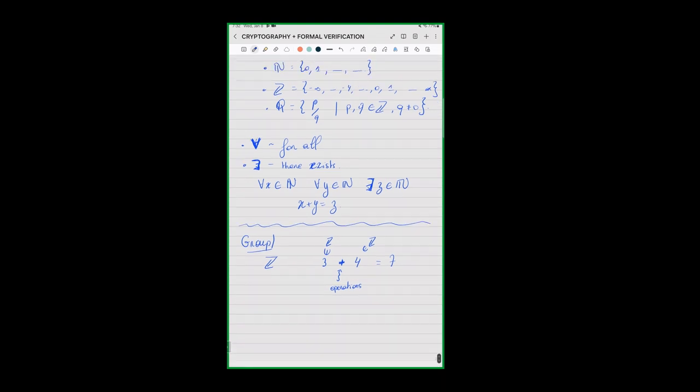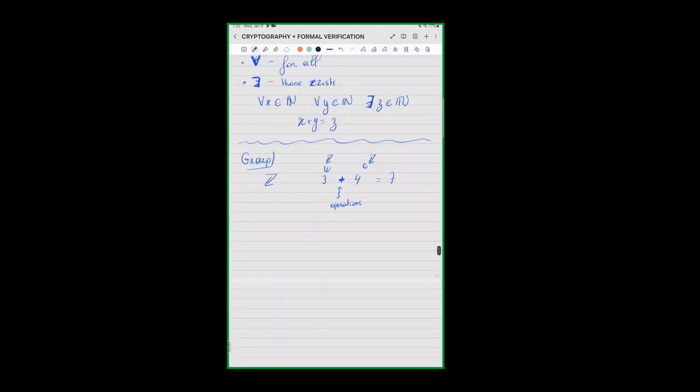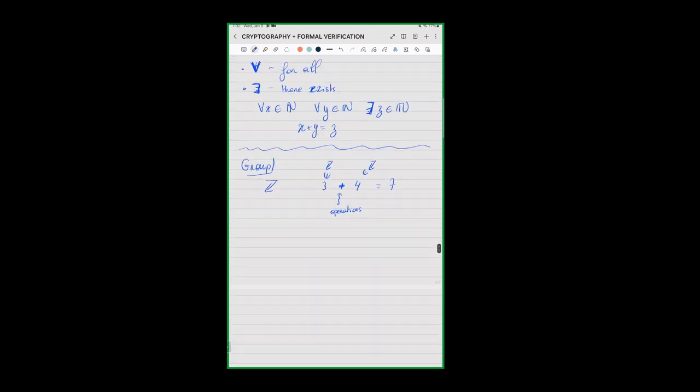So in a sense, we've got an operation, a function plus that goes from Z times Z to Z. It takes a tuple x, y in Z and returns a certain value x plus y.